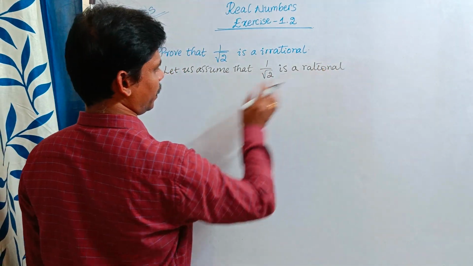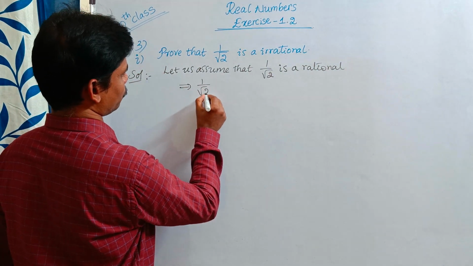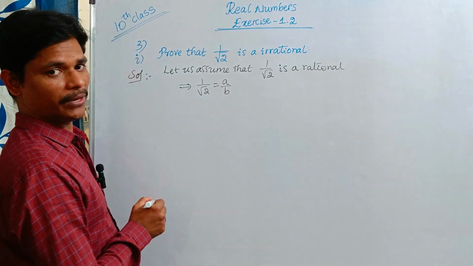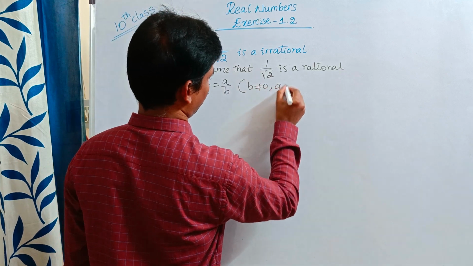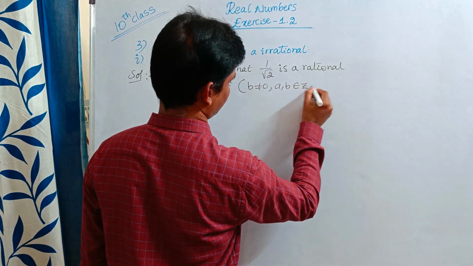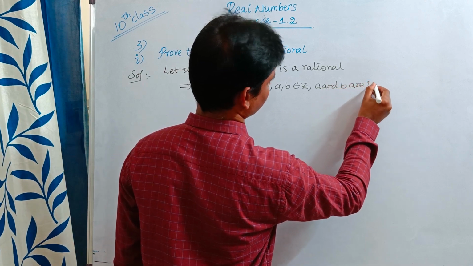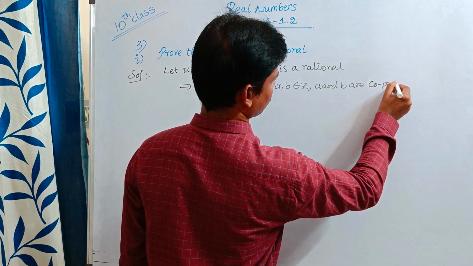What is rational here? Rational means 1 by root 2 is equal to a by b form, p by q form. So here b not equal to 0, a comma b belongs to integers, a and b are co-primes.